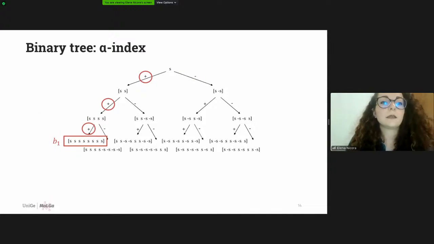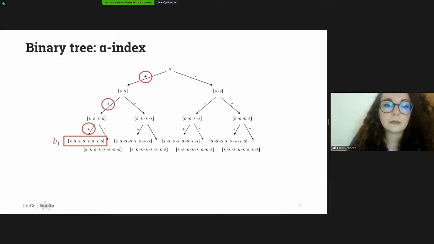So as I said before, it's created recursively. So every filter kernel that we find on the leaves of the binary tree is uniquely defined by its alpha index, and the alpha index is composed by the labels of the edges that go from the root S to our leaves.